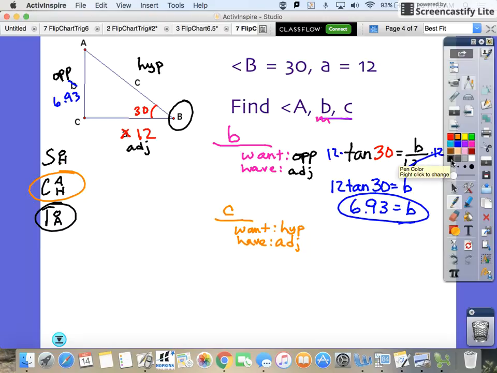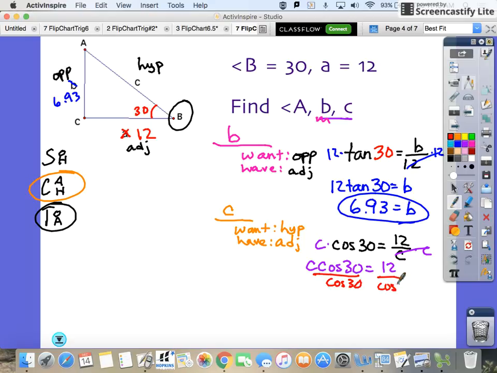So we're going to do cosine of B, but we know B is 30, is equal to the adjacent side, 12, over the hypotenuse is C. So this one we need to multiply by C on both sides. And then we divide by cosine 30.